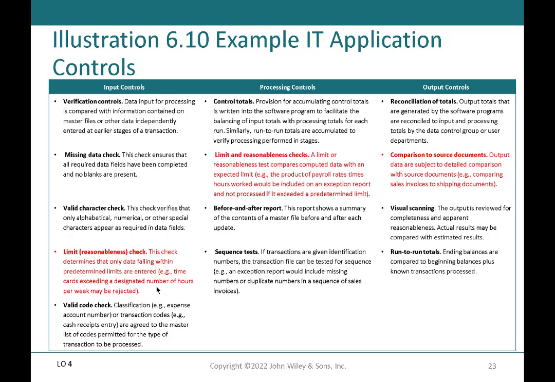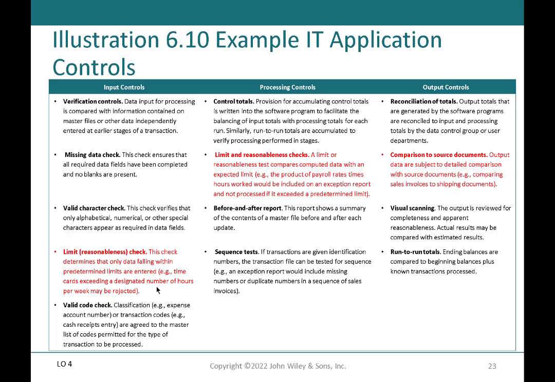So maybe you might have a control that anybody that enters over 2 digits as the number of hours, you're going to get a message kicked back, or over 50 hours, or whatever the case is. So this is a control on the input side before the information even gets into the IT system. We have these controls in place where we're not going to allow bad or invalid input to be entered into the system.